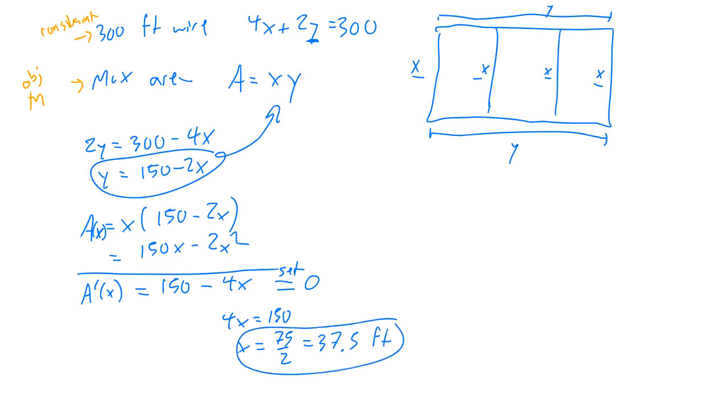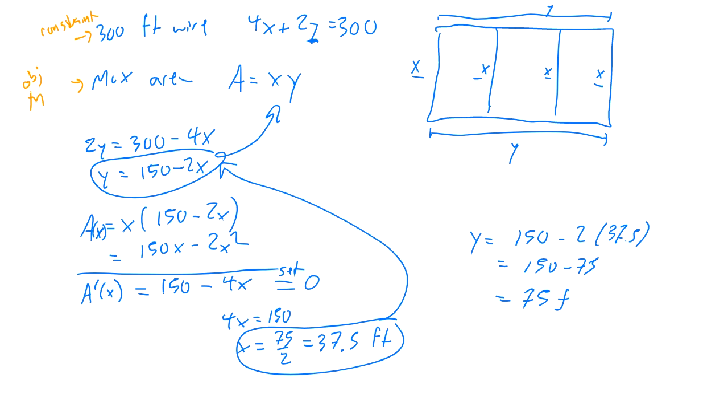And if I were to substitute that in right here, I have y as 150 minus twice 37.5, which is 150 minus 75. So y has to equal 75 feet.